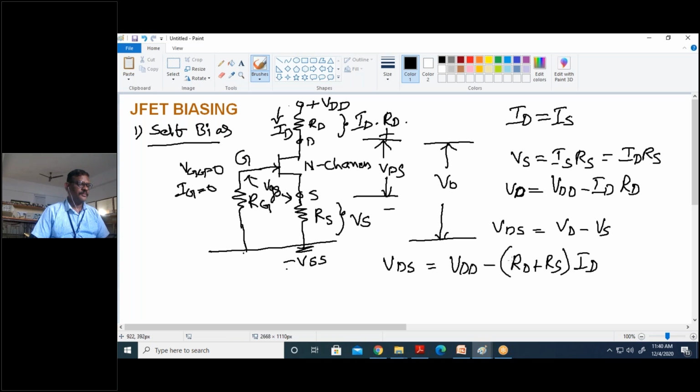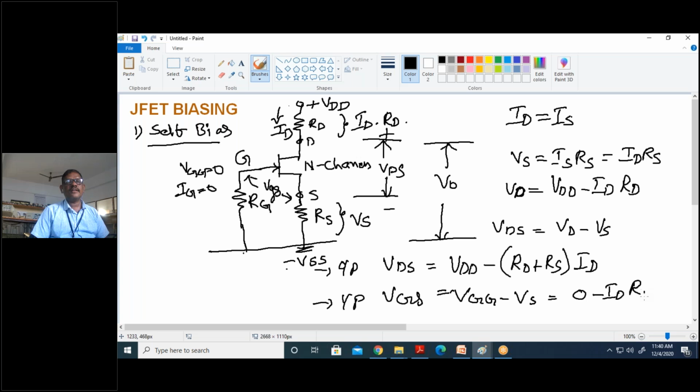Okay, and the gate to source voltage on the input side. This is output. On the input side, VGS is equal to VGG minus VS, that is equal to 0 minus ID into RS.